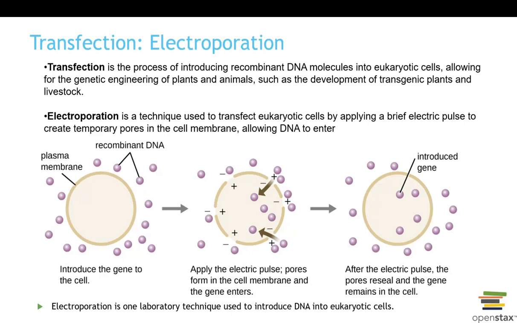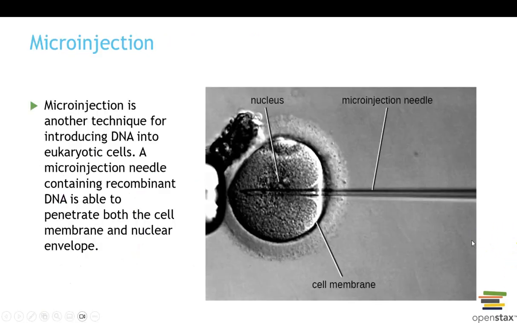Another technique that they use in eukaryotic cells is microinjection, especially in animal cells. They can use very small microinjection needles to transfer the DNA into the eukaryotic cells.